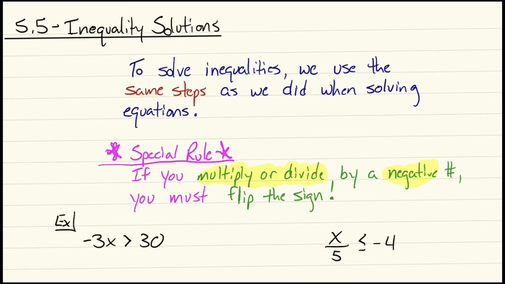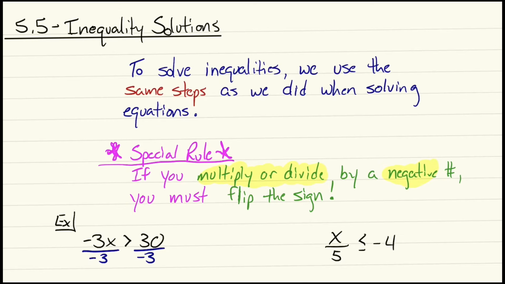Now, there are some specifics that we need to get into with that that do confuse some people. So let's take a look at a couple examples on when to flip versus when not to flip signs. All right, so our first example is negative 3x is greater than 30. So we know that negative 3x is multiplication. So to solve, we do the opposite operation, which is division.